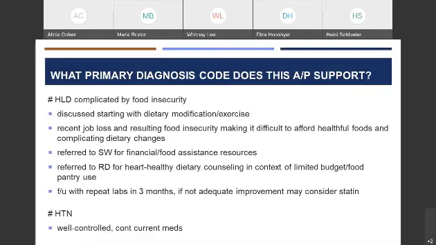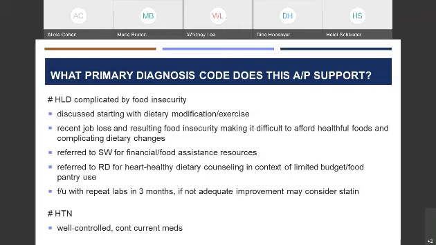How about taking another approach where I've now said that it's hyperlipidemia complicated by food insecurity. So I'm specifically linking the two. Again, saying we discussed starting with dietary modification and exercise, noting that recent job loss and resulting food insecurity are making it difficult to afford healthful foods and are complicating dietary changes.